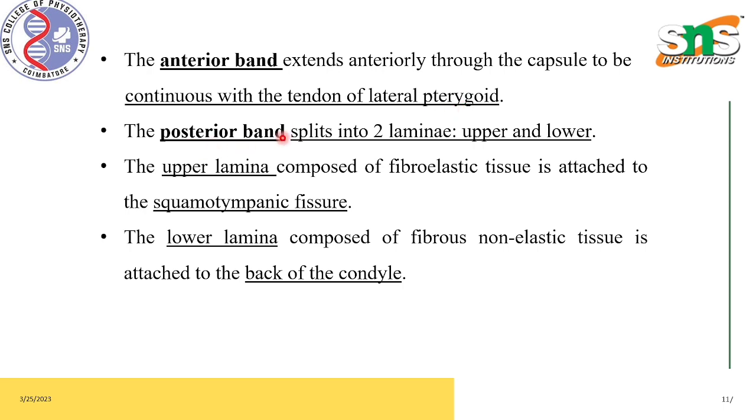The posterior band splits into two laminae, the upper lamina and the lower lamina. The upper lamina consists of fibroelastic tissue which attaches over the squamotympanic fissure. The lower lamina is composed of fibrous non-elastic tissue which attaches over the back of the condyle.